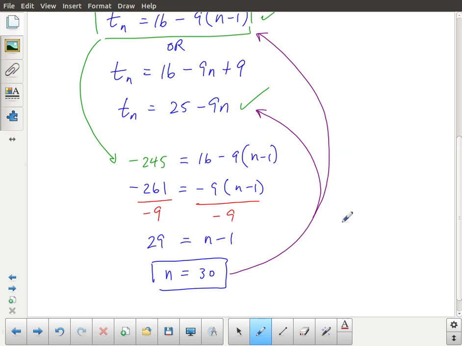I end up with T of 30 equals 25 minus 9 times 30, and that's equal to 25 minus 270, which is negative 245, which is exactly what we wanted it to be. So that's another way you could check that.